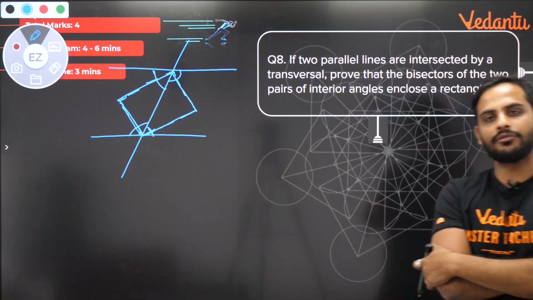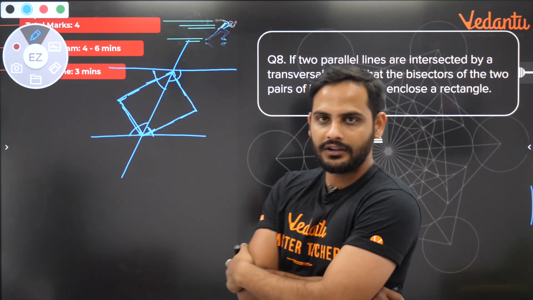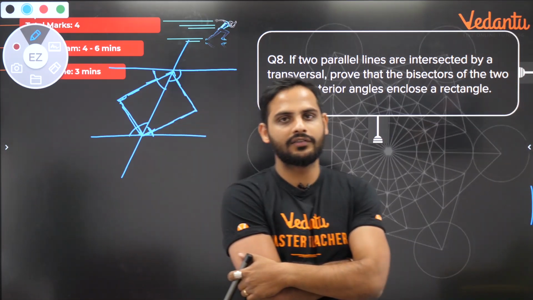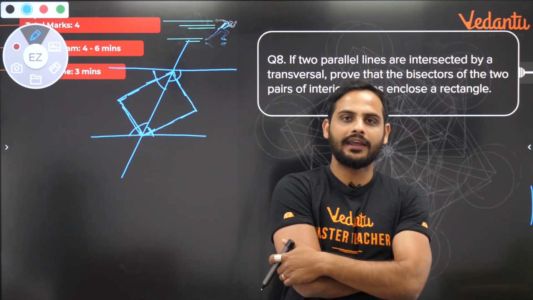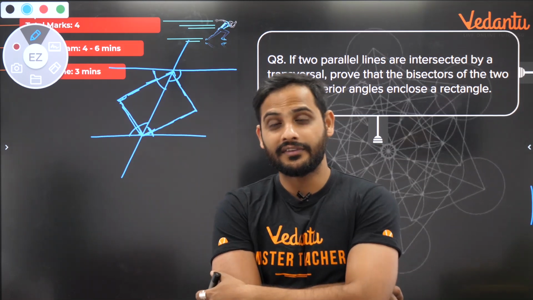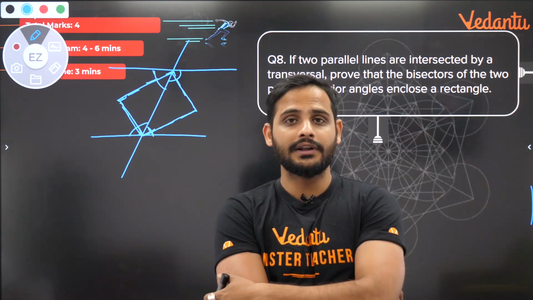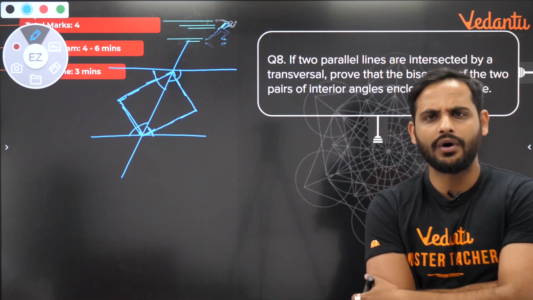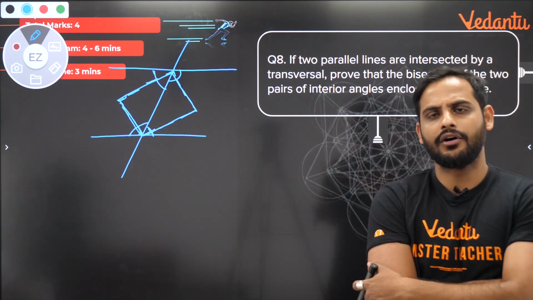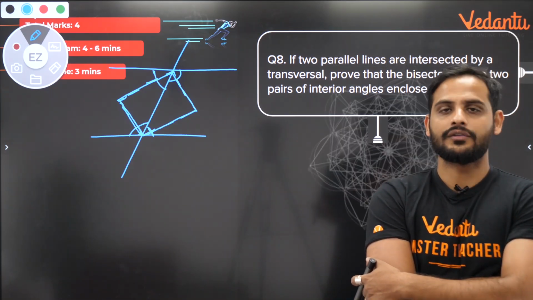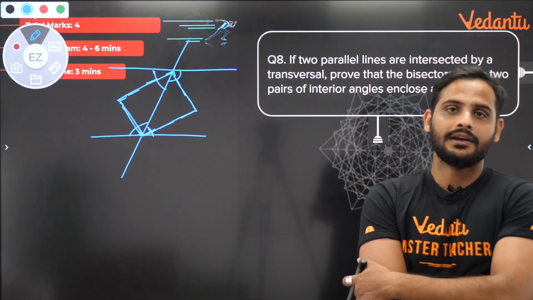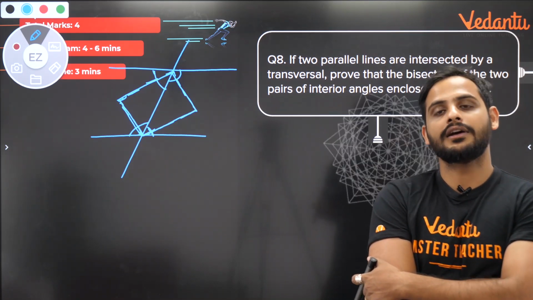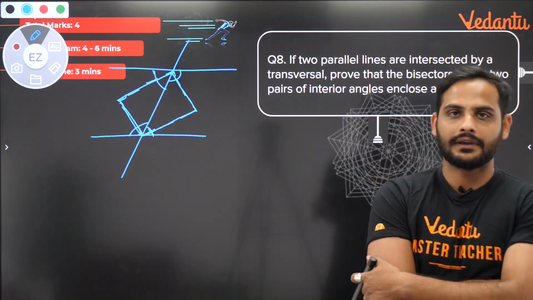First thing is, if you can prove that the opposite sides of a quadrilateral are equal and any one angle is 90 degree, then you can say it is a rectangle. And another way to prove it, that all the angles of a quadrilateral are 90 degree. So if you can prove that all the angles of a quadrilateral are 90 degree, you can easily say that the formed quadrilateral will be a rectangle.